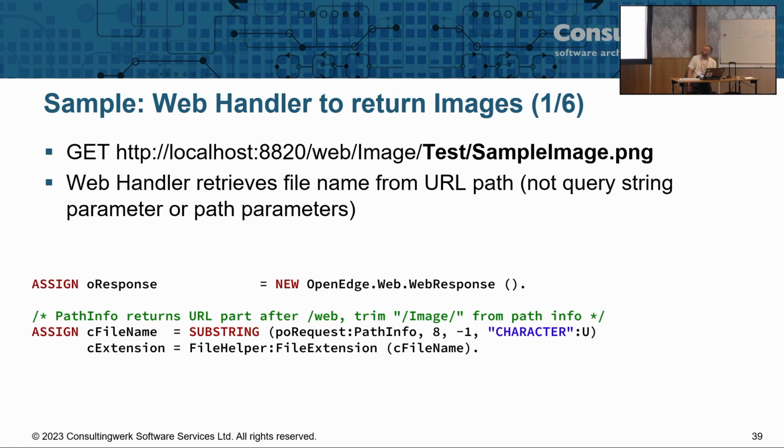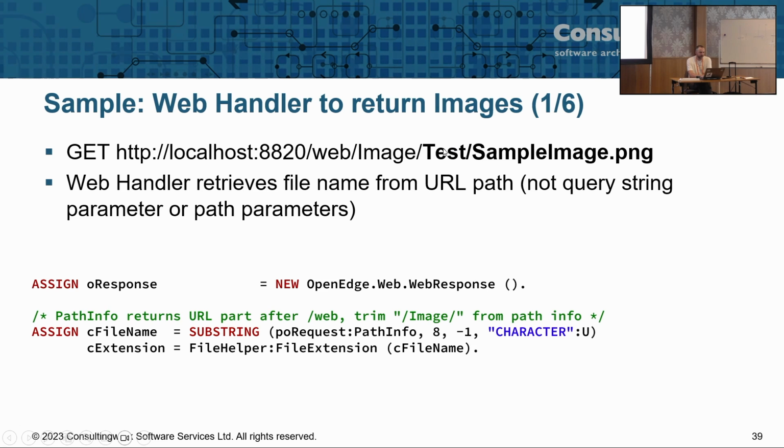So this is a sample about a web handler which returns an image. So we see here localhost 8820, the URL and the port of our PASOE, the web transport, and there seems to be a REST endpoint image, and image/test.